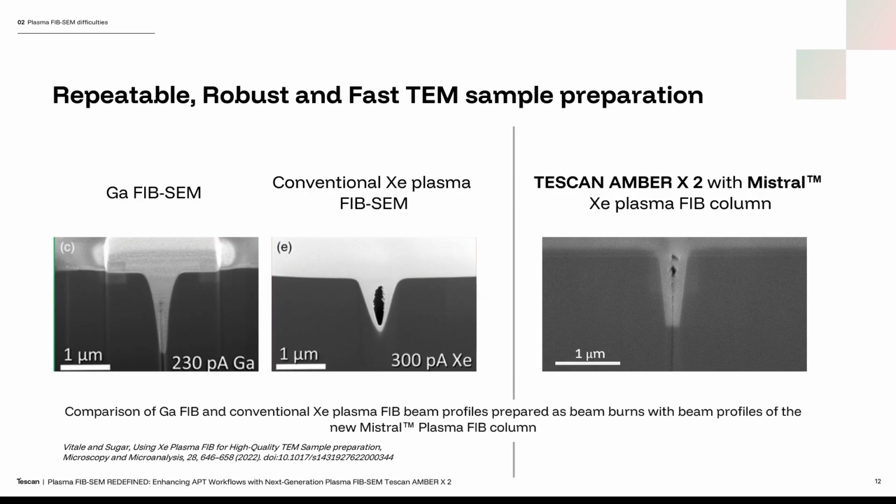From the image on this slide, you can also observe the comparison of beam profiles at an equivalent picoampere range. It's apparent that Mistral's beam profile at this current closely resembles the benchmark profiles of gallium FIB-SEMs, especially in terms of sharpness and minimal beam tails. This similarity is one of the key reasons why we can now apply plasma FIB-SEM technology to even the most demanding use cases like either TEM sample preparation or atom probe sample preparation.